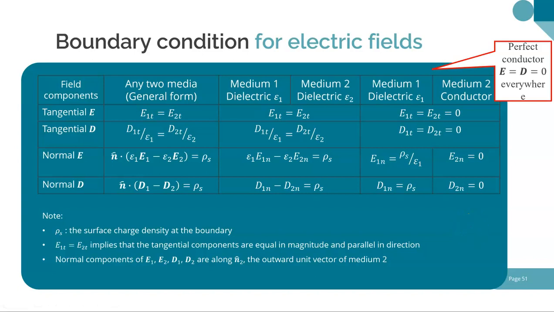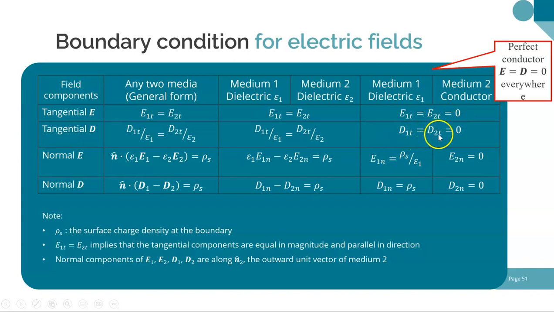This is the updated table where medium 2 is the perfect conductor. So medium 1 you have the dielectric, and then medium 2 you have a perfect conductor where E and D are equal to 0 everywhere. So you have E1T equal to E2T equals 0.